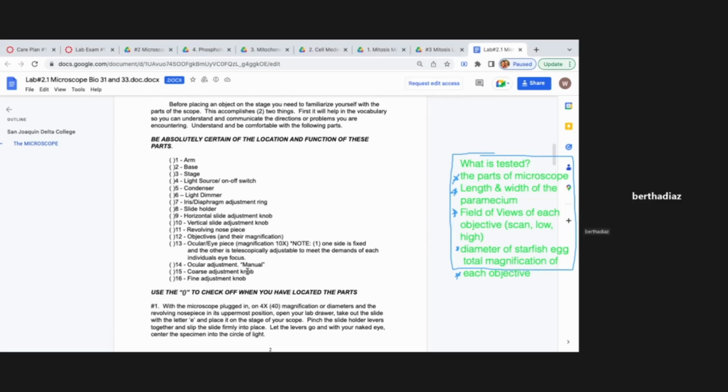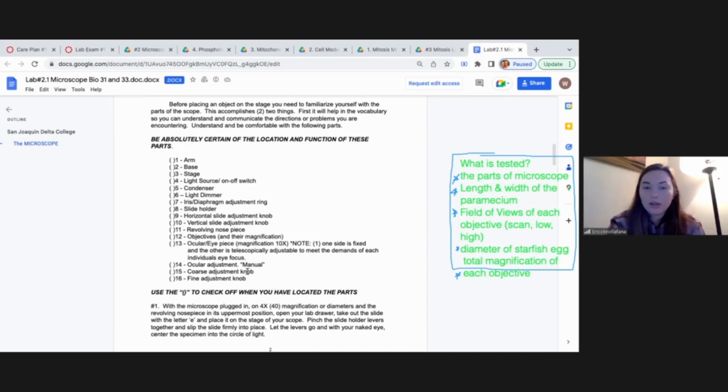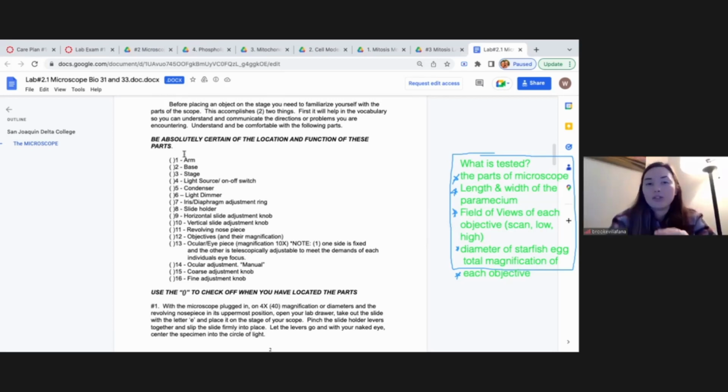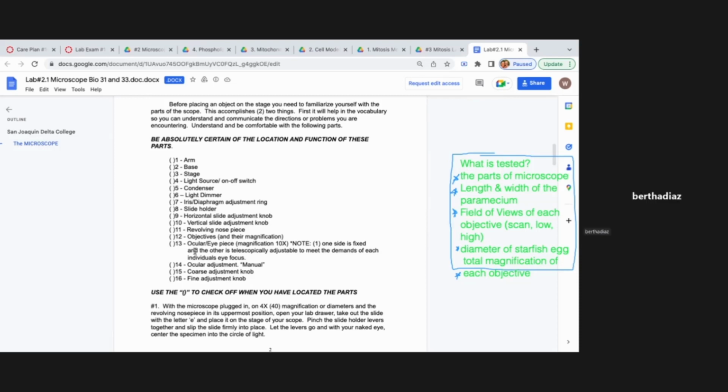Will they be asking us questions about the parts of the microscope? Yes. And then there'll be this list of 16 that you need to know. Okay, so just the 16, or everything on the microscope you recommend we study? Oh, just the 16. We won't test you on anything except this list. Oh, okay. Perfect. That was my question.